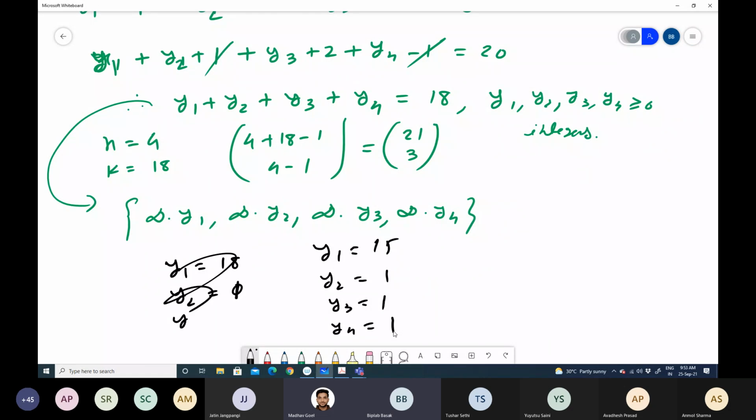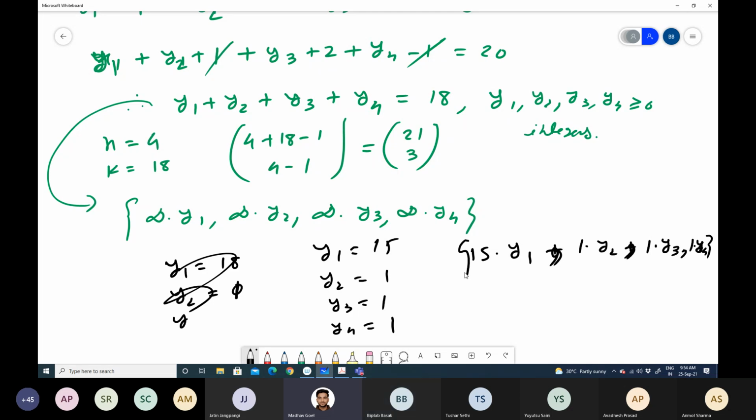So for this one, say you are taking that subset, for example, 15 into y1 dash, 1 into y2 dash. This is just a symbol notation for y1.